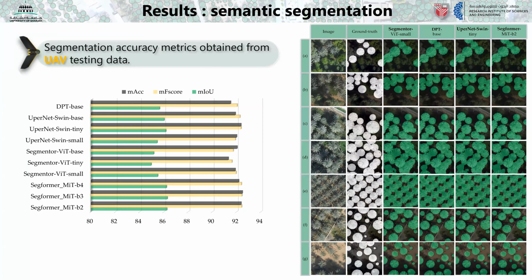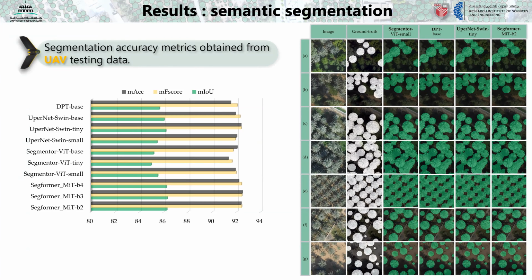First, as I highlighted earlier, the model was trained on the UAV dataset to detect dead palm trees using different vision transformers. The graph on the left shows that the evaluated models successfully delineated dead palm trees with the mean intersection over union ranging from 85 to 86%, and F-score ranging from 91.6 to 92.4.